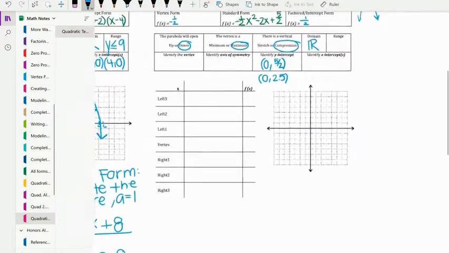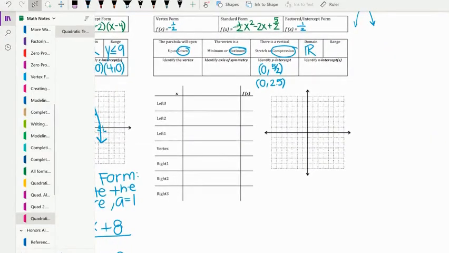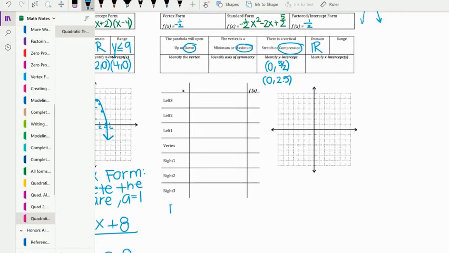Okay, so I'm trying to think, probably the easiest step is to put it into factored or intercept form because we are just going to factor it. So I'm going to go ahead and write factored form. And in order to put it in factored form, you have to factor.